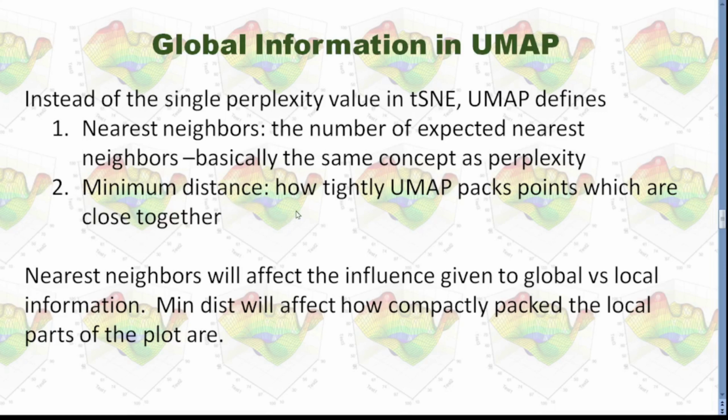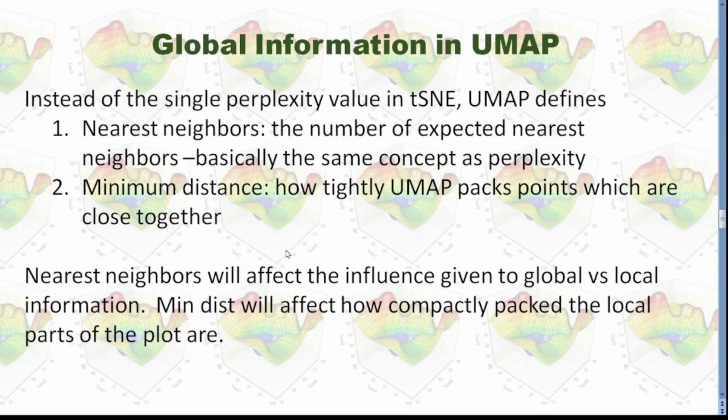This is how tightly UMAP packs points which are close together. Nearest neighbors will affect the influence given to global versus local information. Min dist will affect how compactly packed the local parts of the plot are.